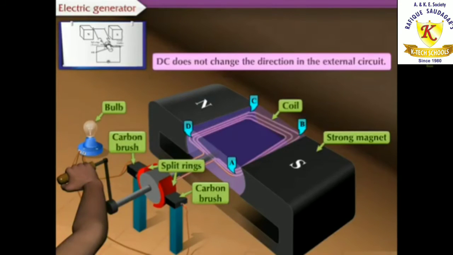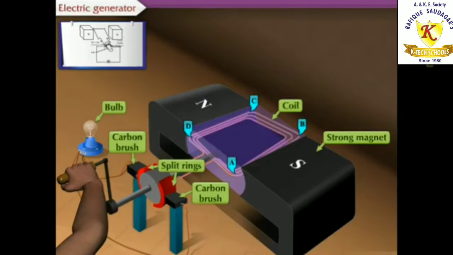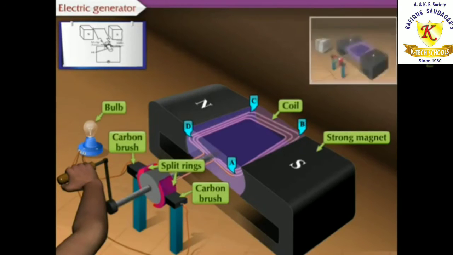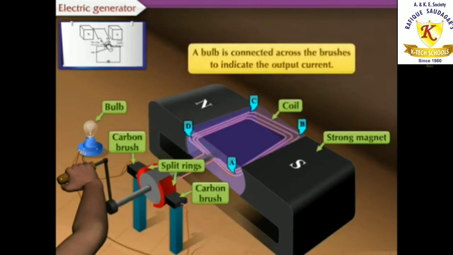DC does not change the direction in the external circuit. To achieve this, a split ring is fixed on the axle like a fixed ring, shown in the case of electric motors. A bulb is connected across the brushes to indicate the output current.